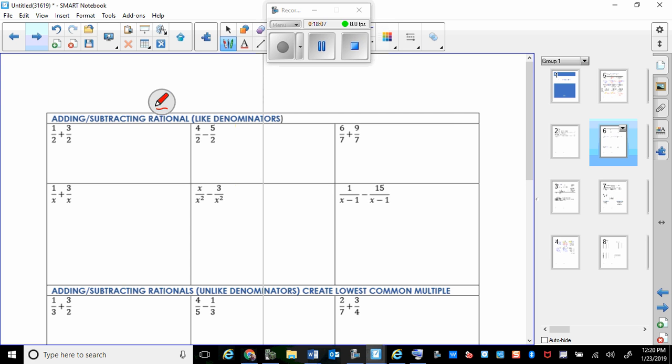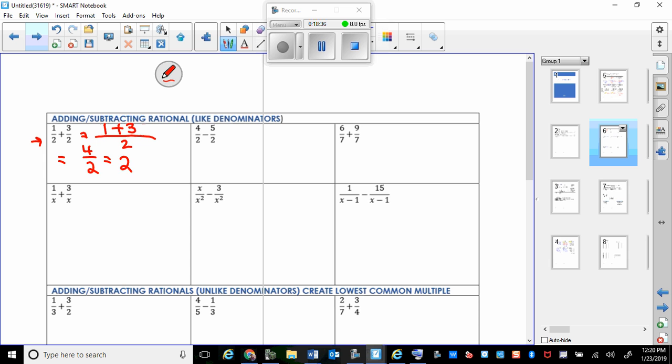Now, adding and subtracting rationals with like denominators. So these are like denominators. The numbers on the bottom are the same. So what I'm going to do, I'm showing my work. This is a part of your project. If you're not showing the work, I'm going to mark it wrong. So 1 plus 3 over 2 simplified equals 1 plus 3 is 4 over 2.